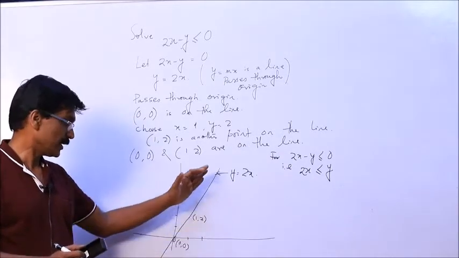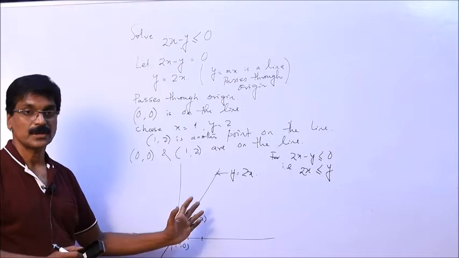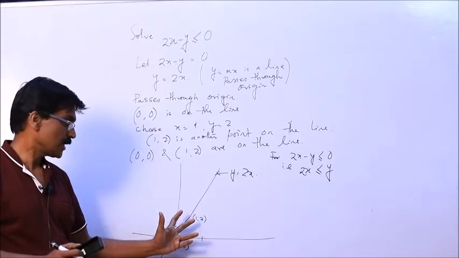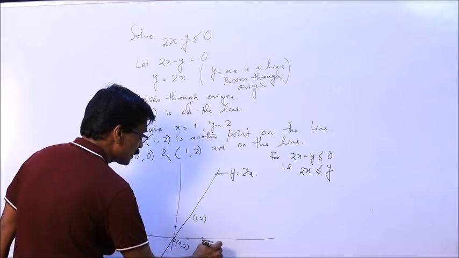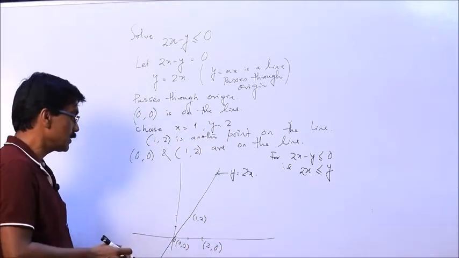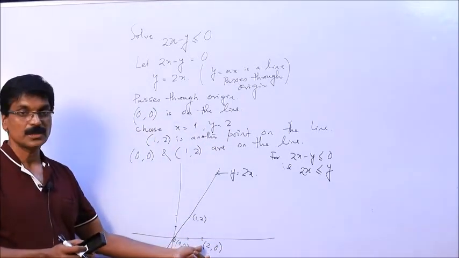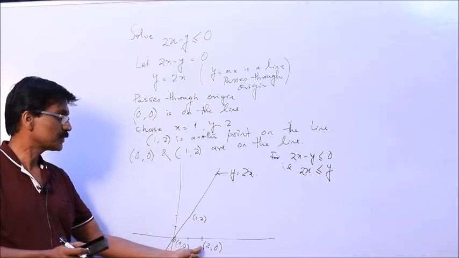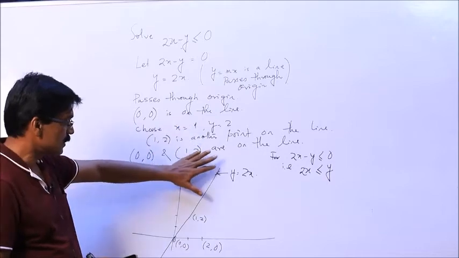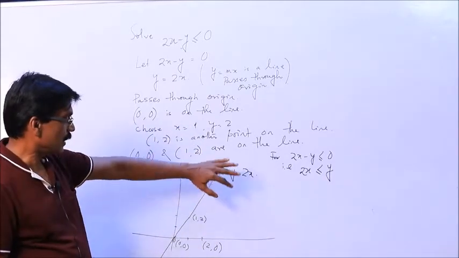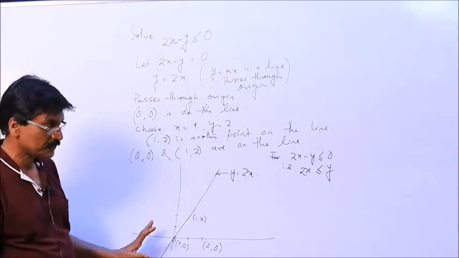We can take any other point which is not on the line. Say take the point 2 0, and this point 2 0 is not on the line, and it is a reference point. You can have any reference point that is not on the line, in any of the 4 quadrants.